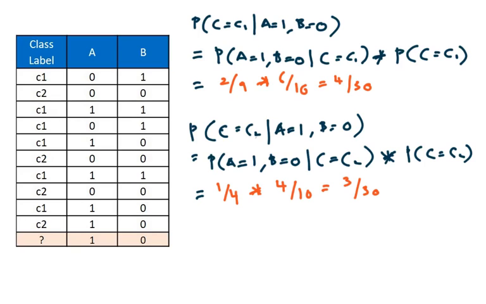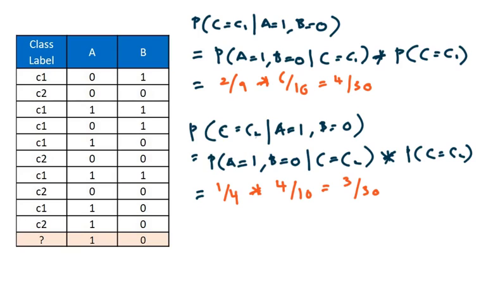So you now have two probabilities. 4/30 is the conditional probability of C equals C1 given A equals 1, B equals 0, and 3/30 is the conditional probability of C equals C2 given A equals 1 and B equals 0. Now we need to compare both.